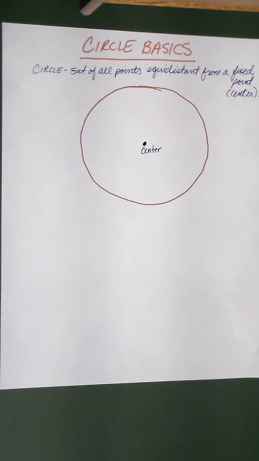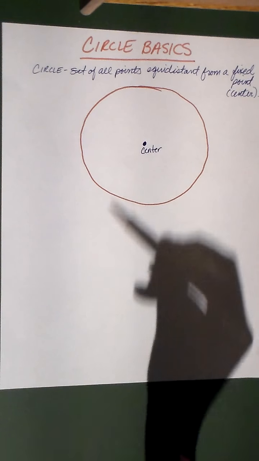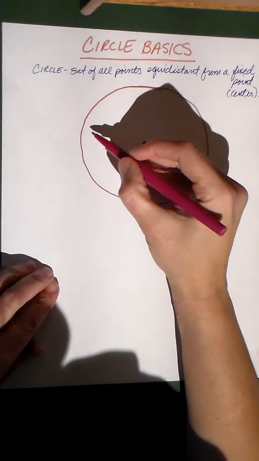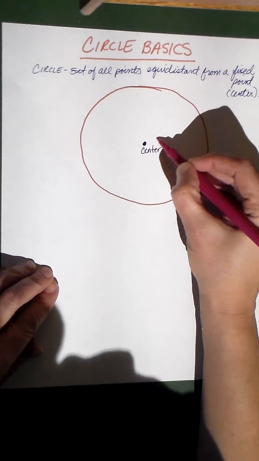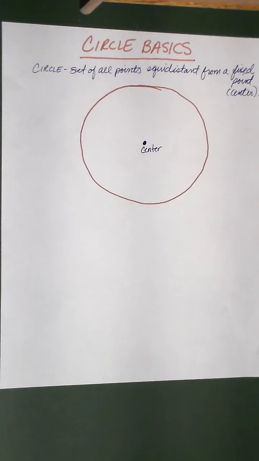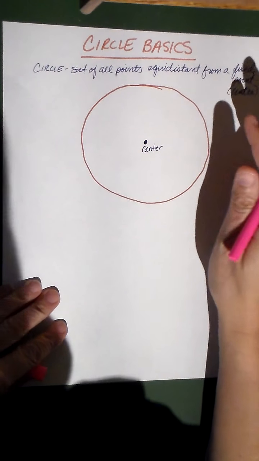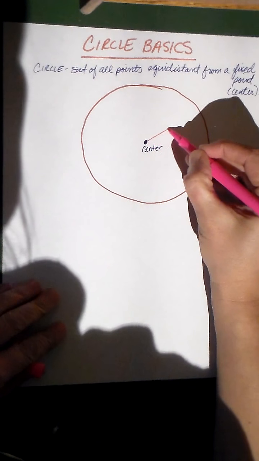So with that being said, we have a few things that we can do with the circle. First of all, we have what most of us have seen: the radius.